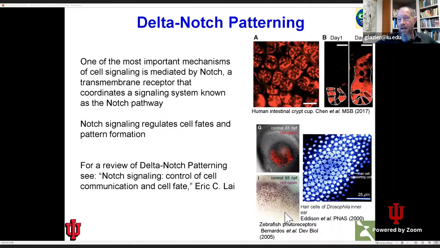In this case, it's the cells in the eye of a zebrafish. In this case, it's the human intestinal crypt. Many mechanisms differ between insects and fish and humans. In this case, delta notch operates in developmental patterning and in maintenance of adult tissues in all of these different species.